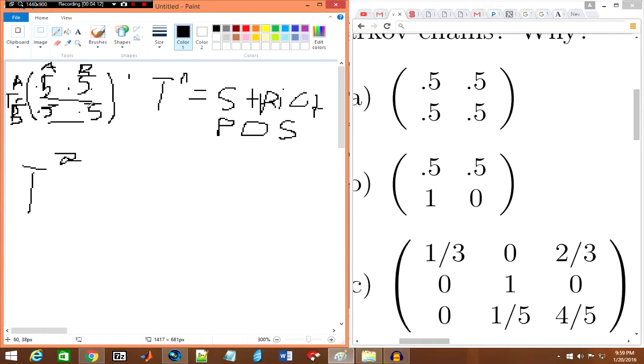Then you do it for this column times this row, and it'll give you this entry, and so on, which will give you another 4 by 4 matrix. All right, so T squared, I already calculated that. That's going to be 0.5, 0.5, 0.5, and 0.5.